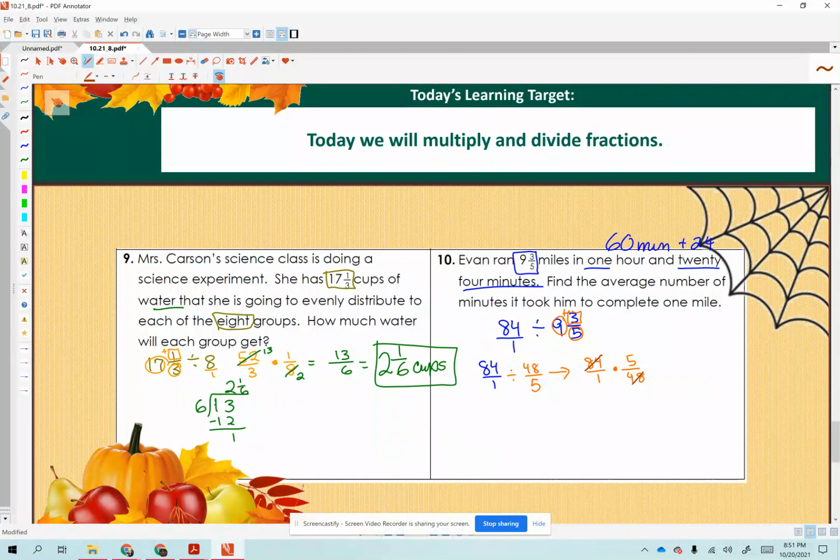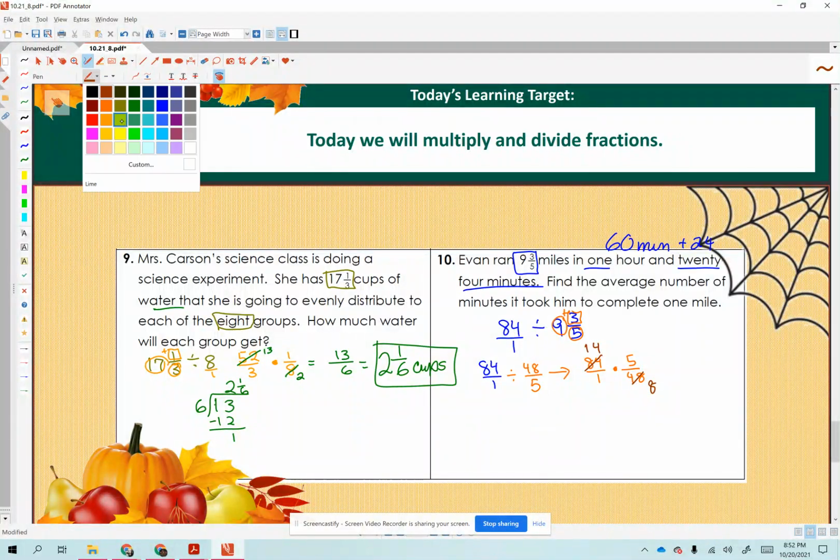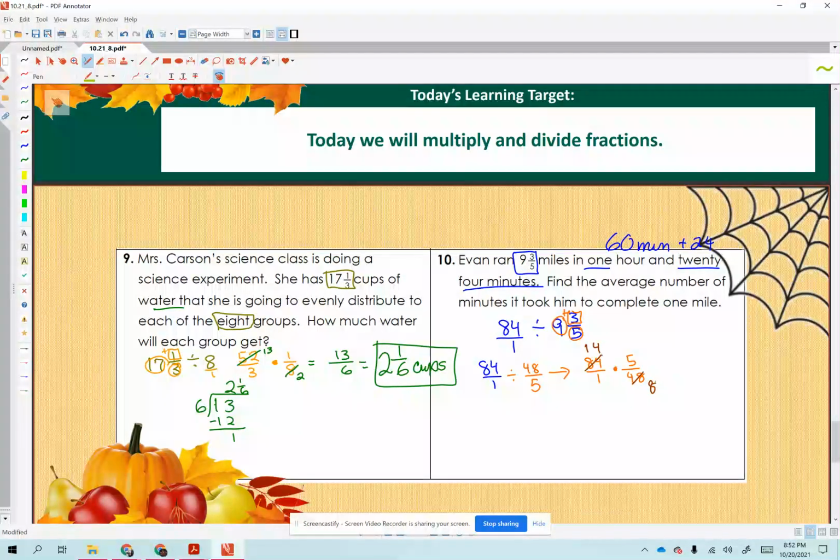Yep, 48 divided by 6 is 8. 84 divided by 6 is 14, and we can even simplify it further. We can divide 8 by 2 and get 4, and 14 by 2 and get 7.